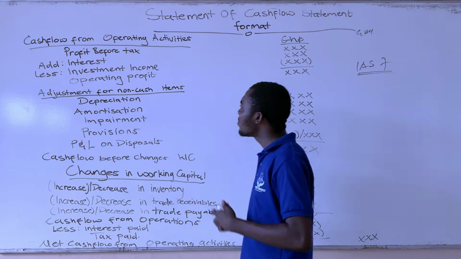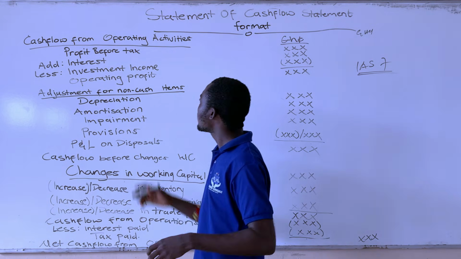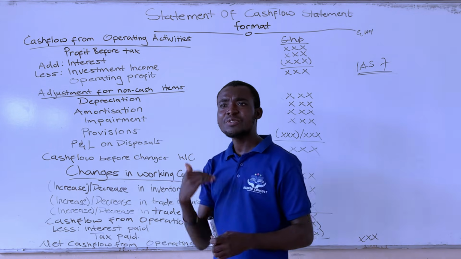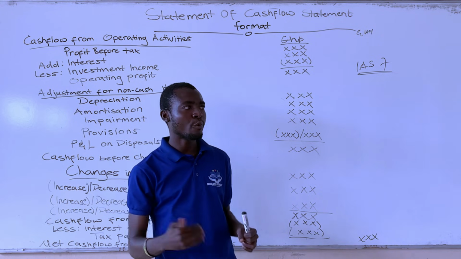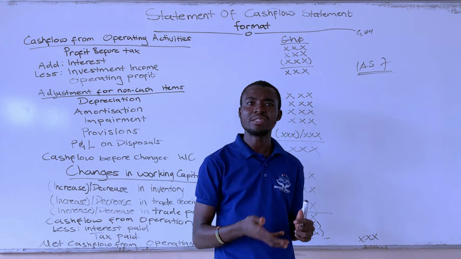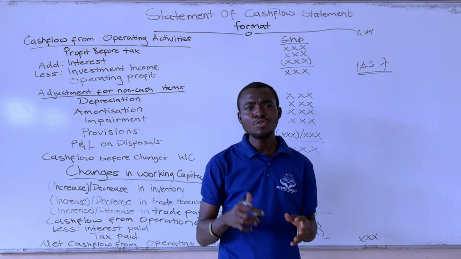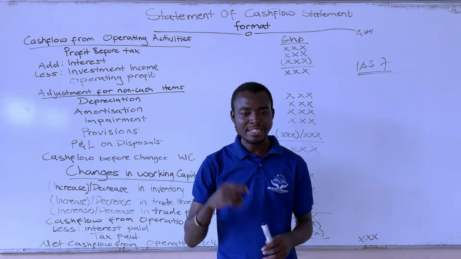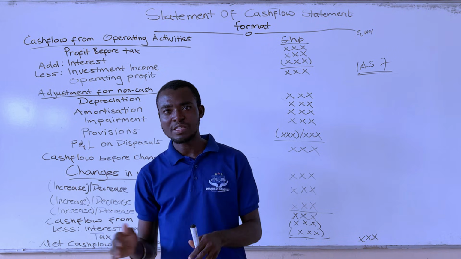So after getting your operating profit, you write down the non-cash items. There are certain transactions that we record based on our assumptions. According to the prudence concept, the accountant must anticipate losses but not profits.